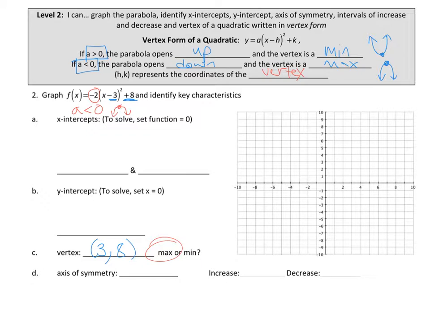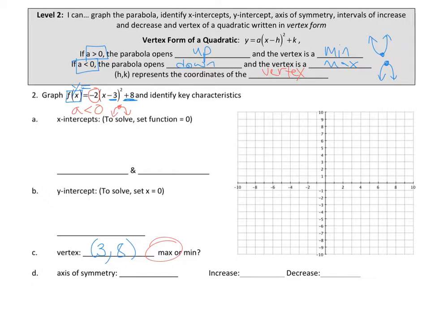The next part is the x-intercepts. X-intercepts always occur when y is equal to 0. So we plug in 0 for y. Now, this function says f of x equals, but that's the same as y equals -2 times the quantity x minus 3 squared plus 8.